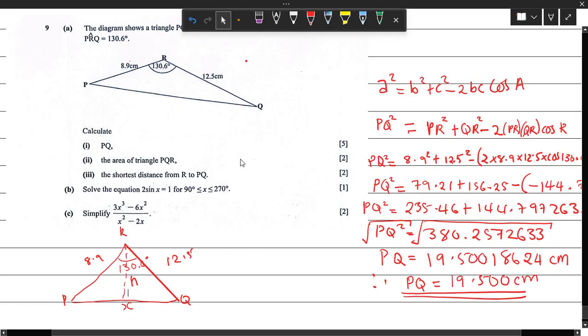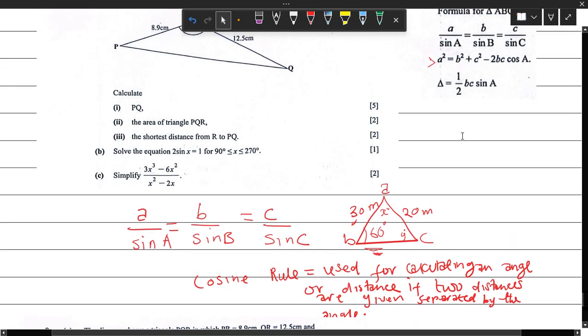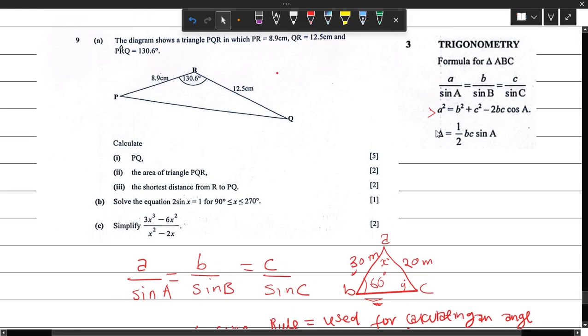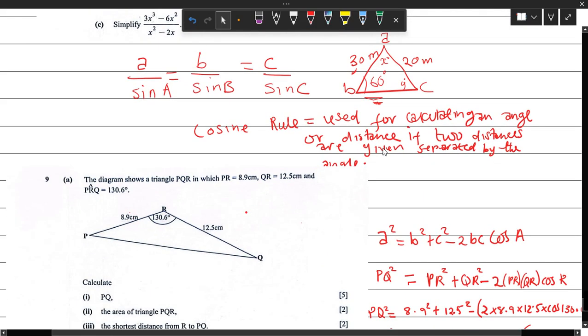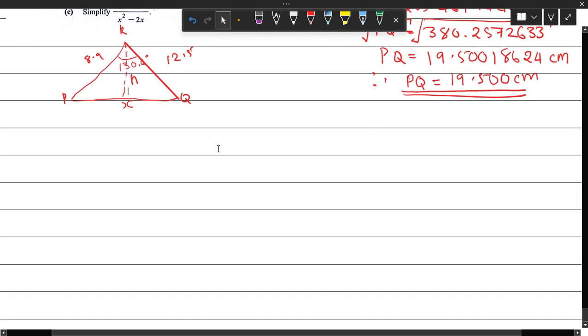So that's where now you use this formula here, which is already provided in the question paper. This one. This is the area. So the area is half BC sine A. So how do you identify half?